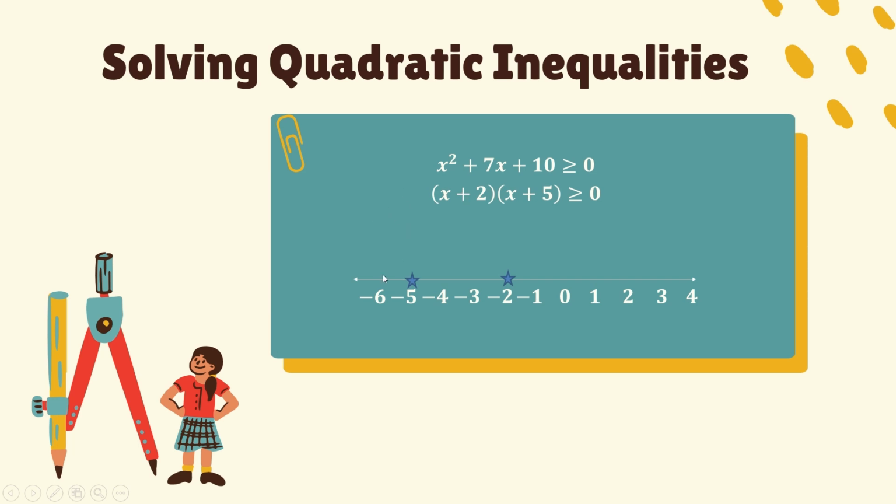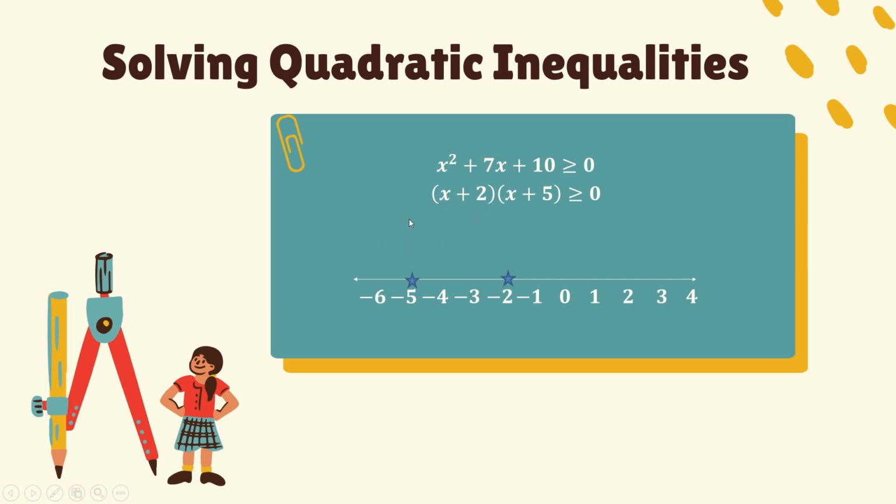So for the first region, we put in negative 6 into this inequality. So negative 6 plus 2 times negative 6 plus 5. Negative 6 plus 2 is negative 4, times negative 6 plus 5 is negative 1. So negative 4 times negative 1 means positive 4.